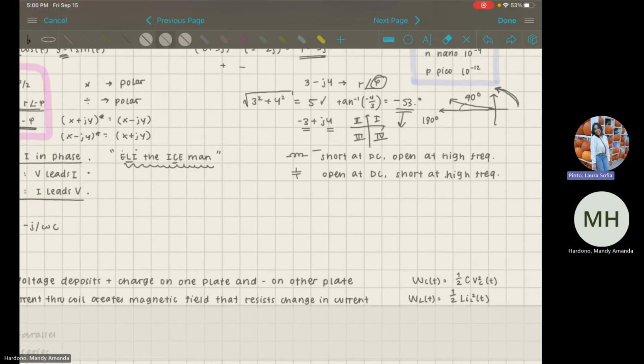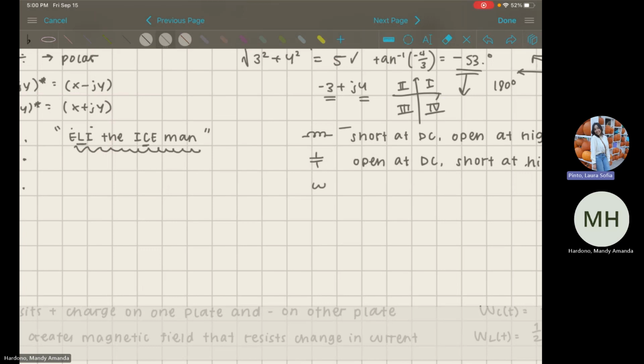You want to know that at DC, inductors act as shorts, and at high frequencies, they act as opens. Capacitors at DC act as open circuits, and they act as shorts at high frequencies, so at high angular frequency omega.